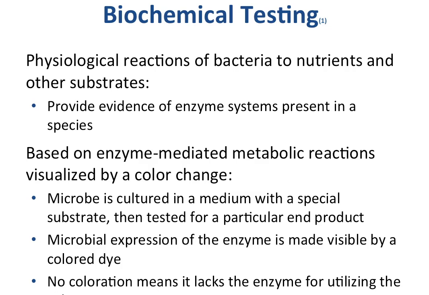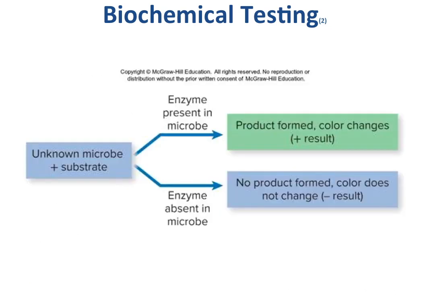So we can detect the expression of these enzymes. For example, if the bacteria has the capacity of fermentation, we can add the pH indicator in the medium. Once this bacteria ferments the sugar to acid, it will change the medium color. So that could be the biochemical test.